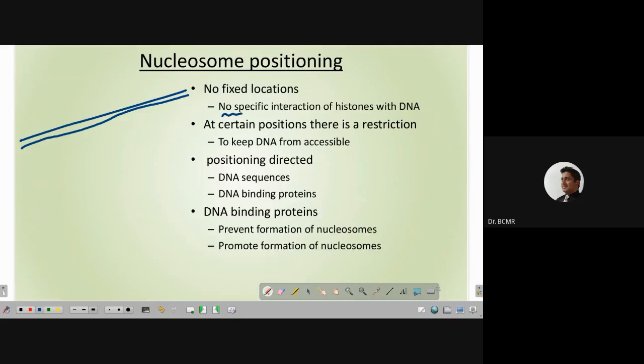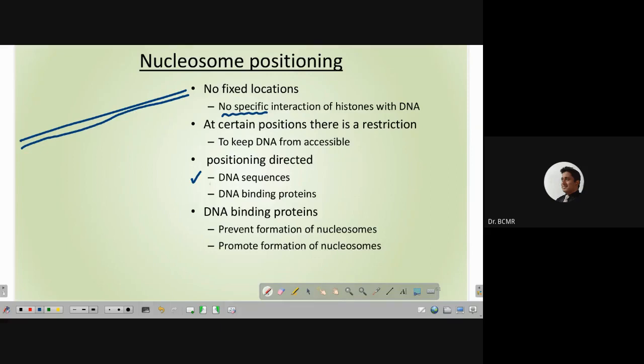The interaction of histones with DNA is non-specific, right? It binds to DNA irrespective of what the sequence is. But there are some places where nucleosomes form in abundance, and some places where they do not form in abundance, or they form very weakly. That could be directed by positioning. Positioning could be directed by DNA sequences.